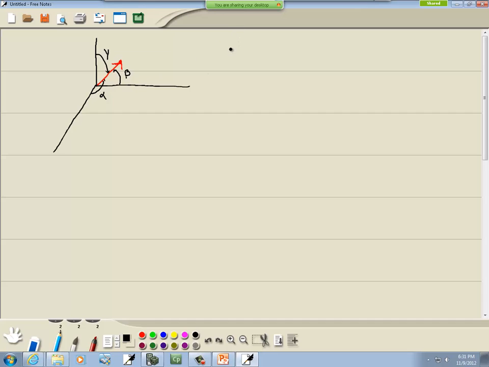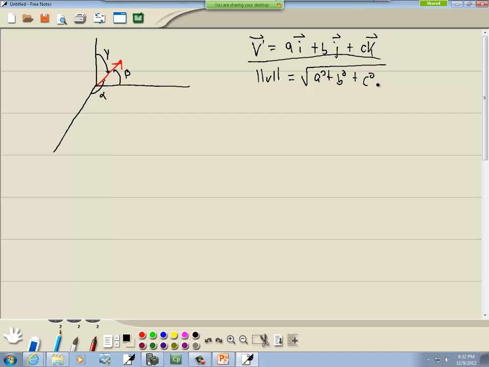How to find those three? Well, our first formula is cosine alpha is equal to, and this is assuming, actually, let me write down the vector first. This is assuming our vector is equal to ai plus bj plus ck. Given that, of course, our magnitude is the square root of a squared plus b squared plus c squared.